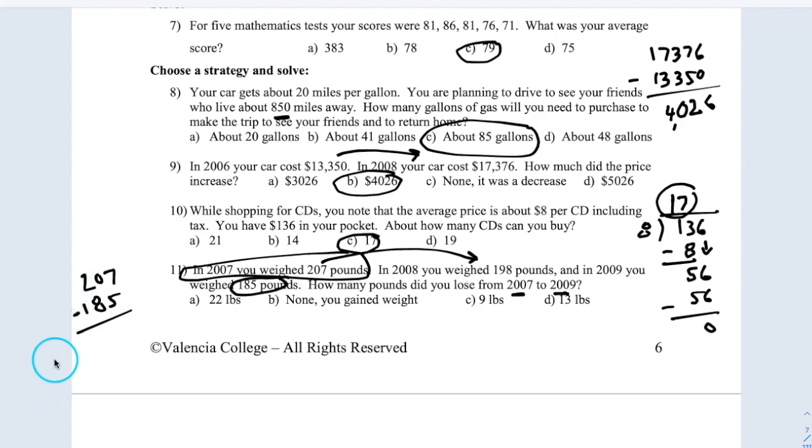Simple, it's just subtracting, but it's just being careful because they throw the 2008 in to make you confused. Alright? 7 minus 5 is 2. 0 minus 8 you can't, so you borrow 1 from the 2, and now 10 minus 8 is 2, and 1 minus 1 is 0. So you lost 22 pounds.